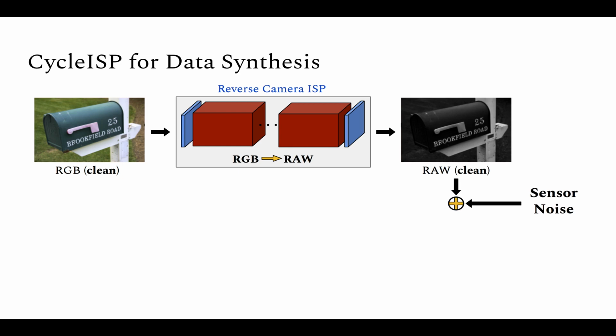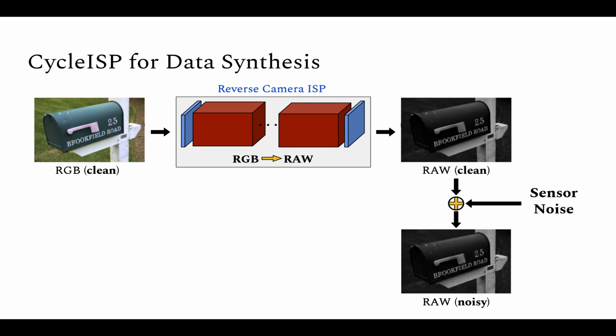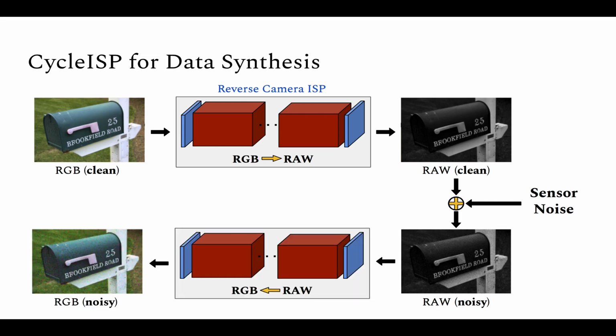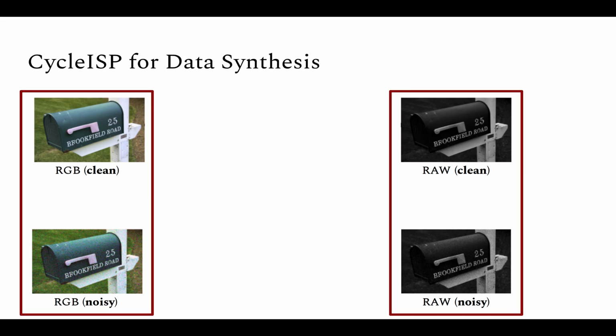Next, we add sensor noise to this clean raw image in order to generate a noisy raw image, which is finally transformed to a noisy RGB image using another subnetwork, which learns the regular camera imaging pipeline. This way, from any RGB image, we can synthesize clean and noisy image pairs in RGB and raw spaces.